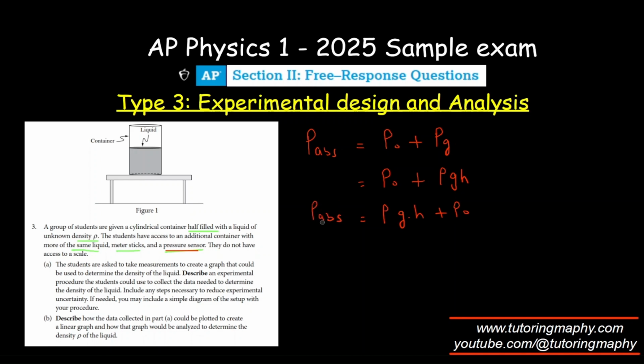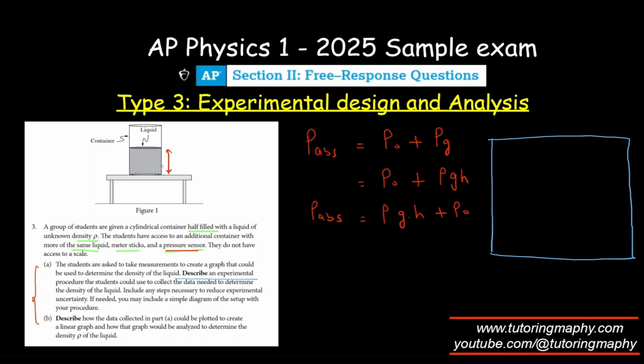So this is the equation that I'm going to use. And what I'm going to do is fill this liquid. Initially, I have the meter stick, right? So I'm going to measure this length. I'm going to describe how the data is collected. I think we can answer parts A and B together because they're asking how the data collected could be plotted to have a linear curve. So in my experiment, I'm going to measure the pressure at the bottom. Right now I'm answering part A: how can I do this experiment?